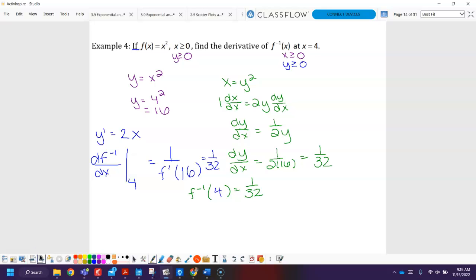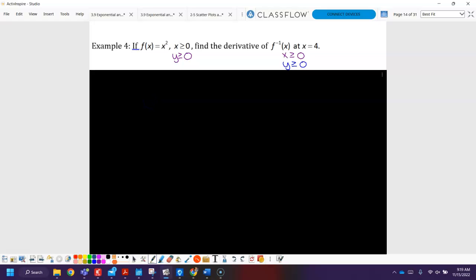Now the next one is worded weird. Because it says find f inverse x at x equals 4. So now they're implying that you're finding the inverse at 4, which is not the x value of the original, it is the x value of the inverse.